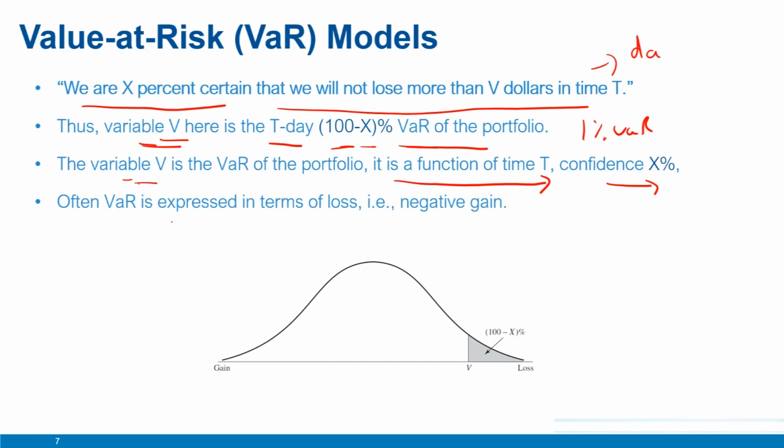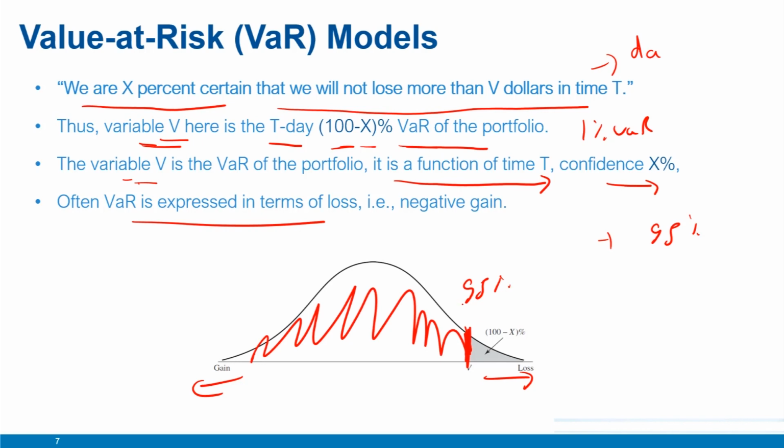Often this VaR is also expressed in terms of a loss function, which is the opposite of gain, sort of a negative gain. In the loss function, your gains will be on the left side, and your losses will be on the right side. So if we are talking about a loss function and we associate a 95% confidence, then we are looking at the 95th percentile itself. We are looking at the left side of the cutoff, which is 95% of the area, the cumulative area of 95%.